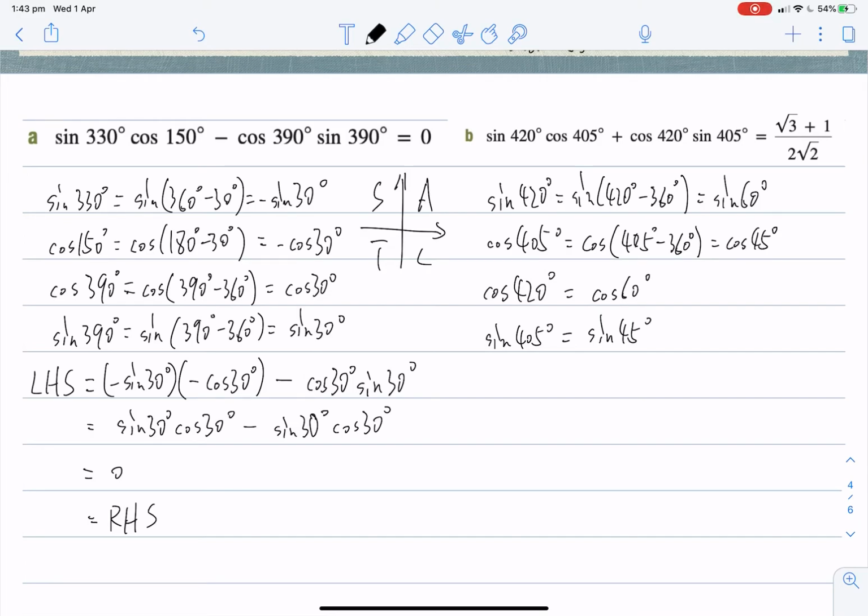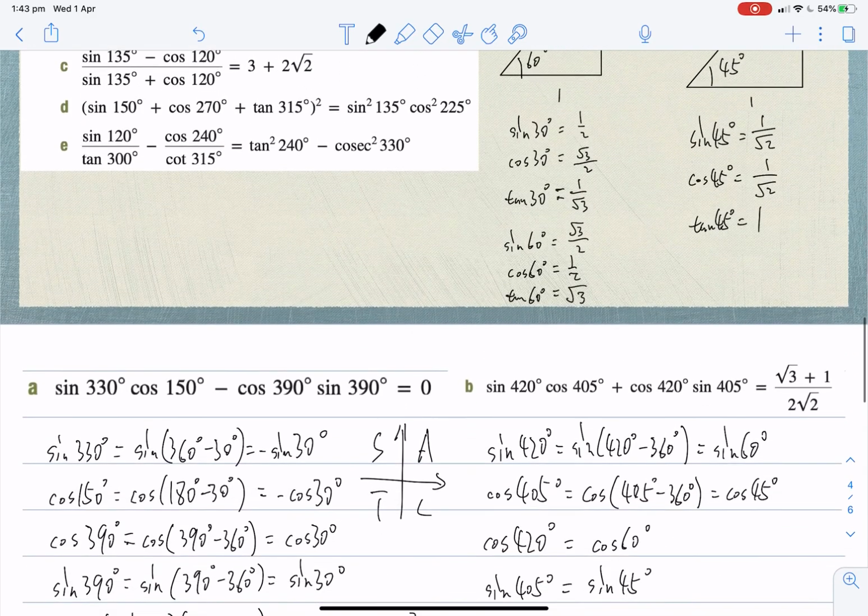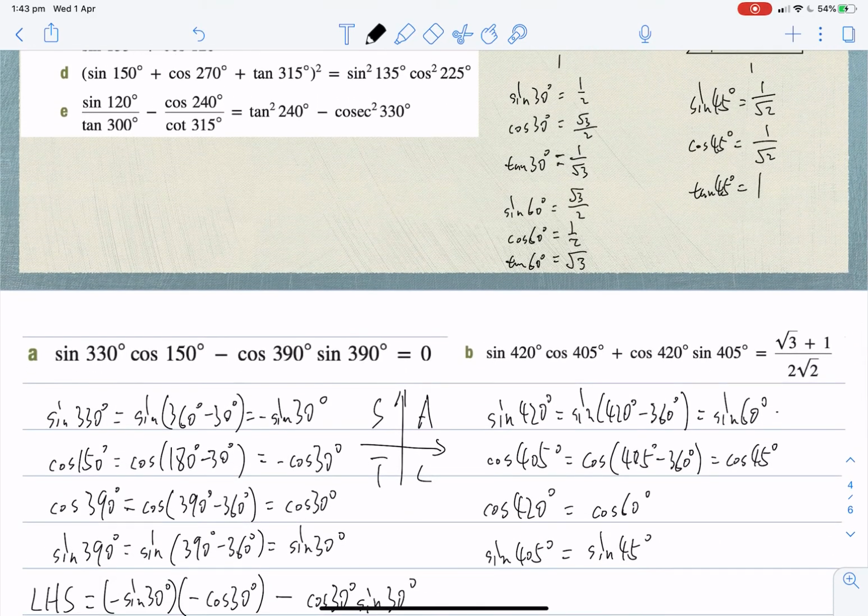Okay, so let's go back to the ratios here. Sine 60, you remember, equals square root of 3 over 2. Cos 45 is 1 over square root of 2. Cos 60 is 1 over 2.